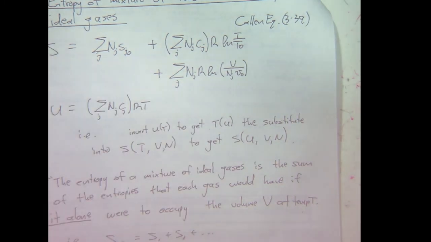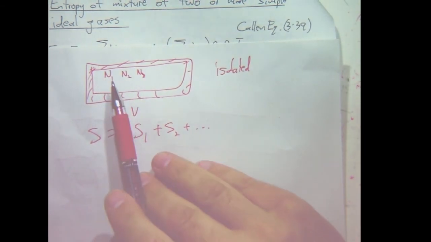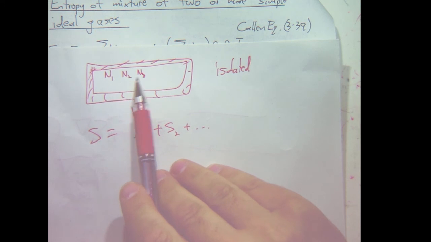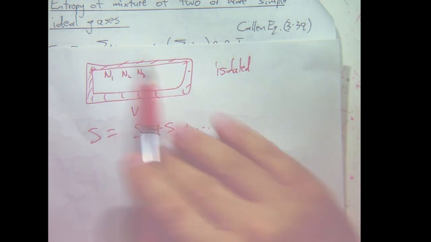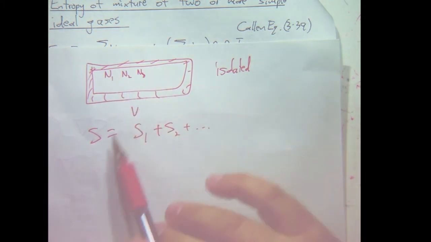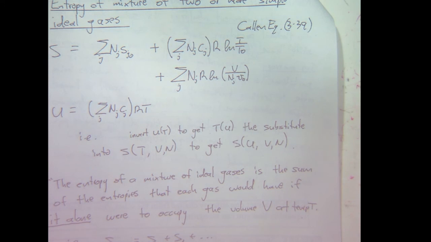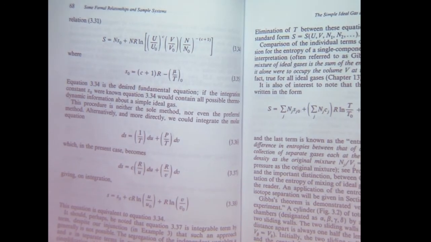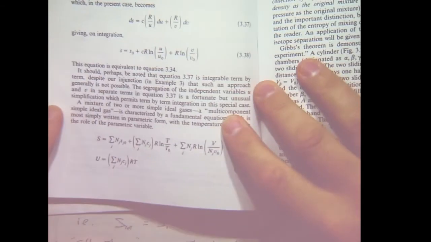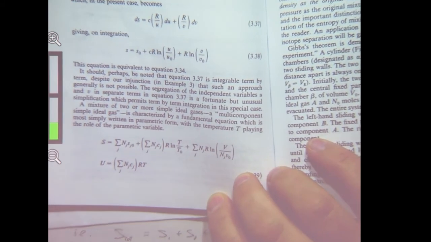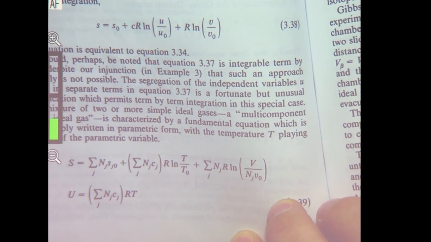We've just argued that if you have, in an isolated system, N1 moles of one ideal gas, N2 moles of another, N3 moles of another, and they're all in equilibrium with each other, then the entropy of the mixture is just the sum of the individual entropies. If you write down the ideal gas equation, it's very simple to derive this expression.